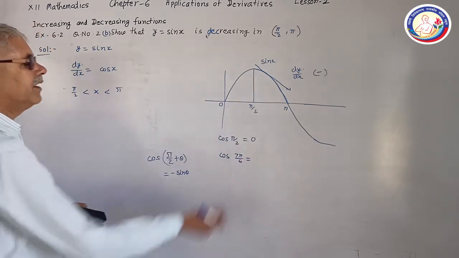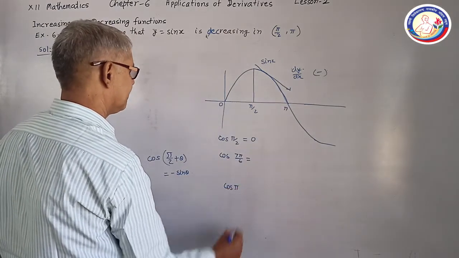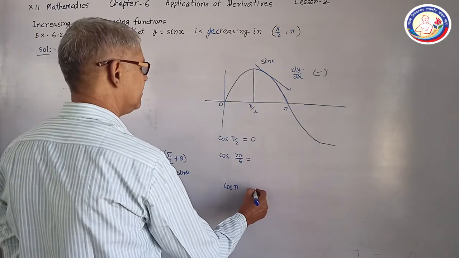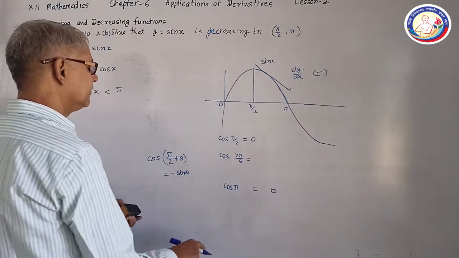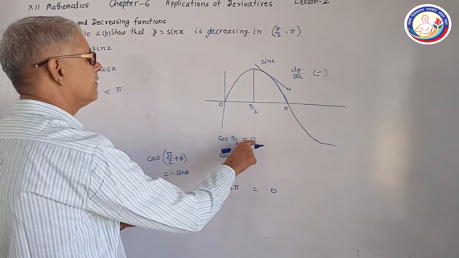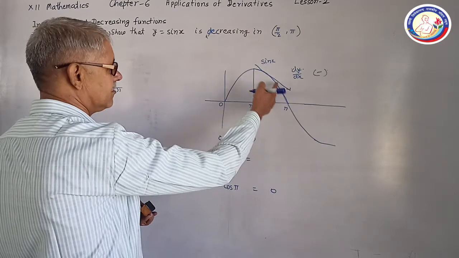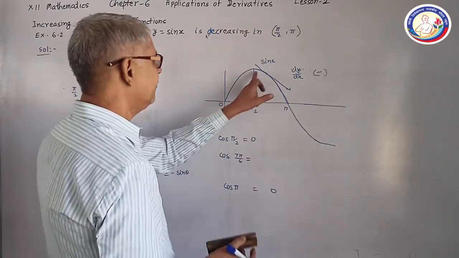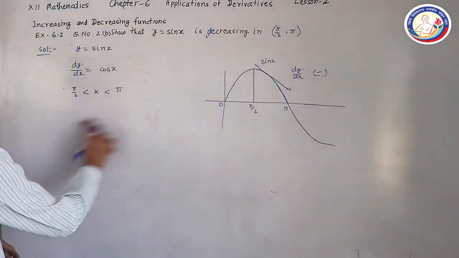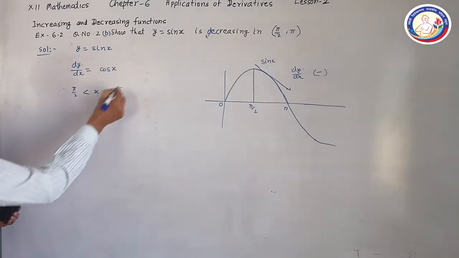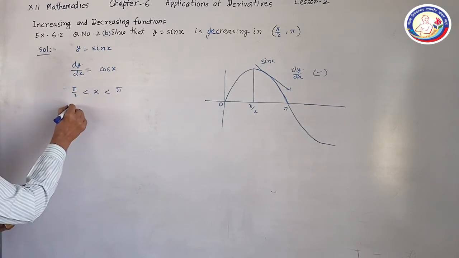This will be decreasing with minus sign, and again at cos pi it will be 0. So the value of cosine will decrease from 0 to minus 1, and value of sine is also decreasing. So it will be negative in this part. Hence, the function will be decreasing.